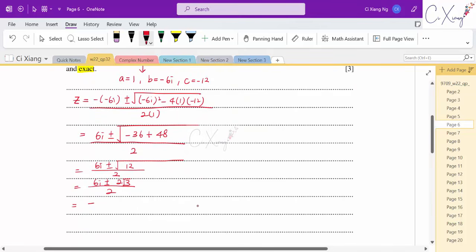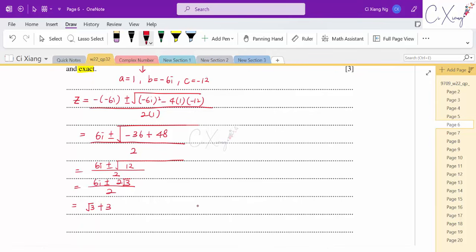The first one is positive square root 3 plus 3i, and another answer is negative square root 3 plus 3i. Therefore, we have two roots for the complex number z. So we keep it in the exact form.